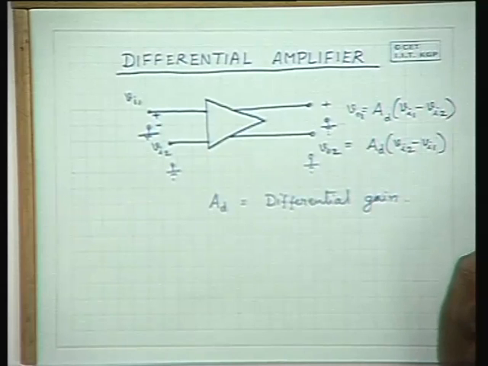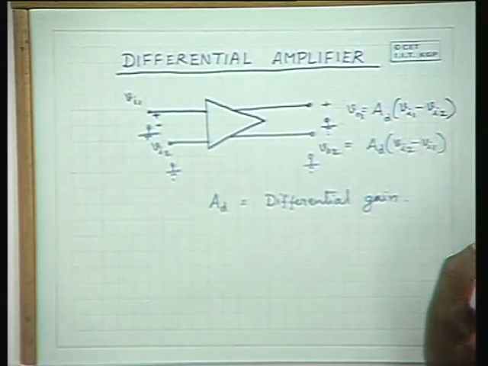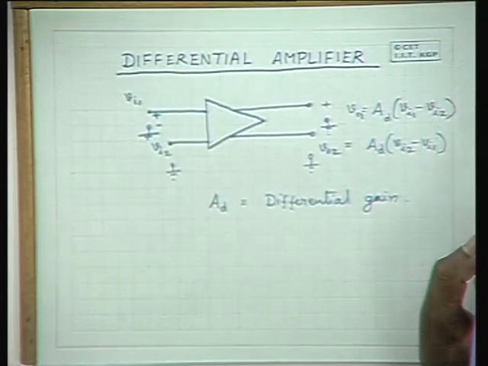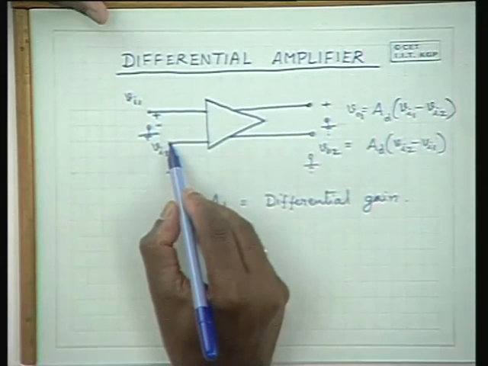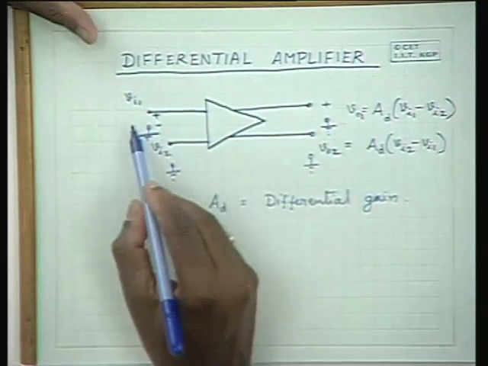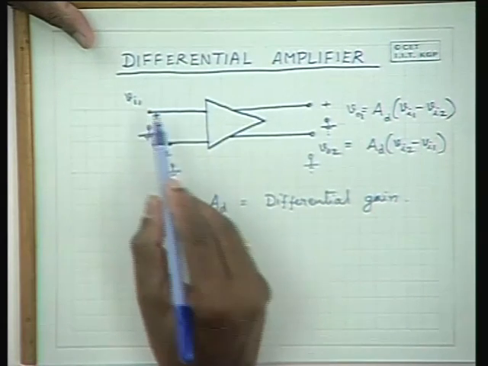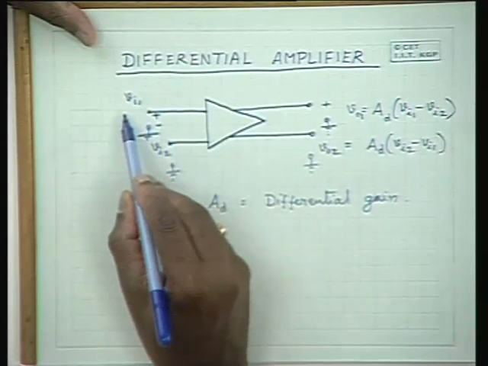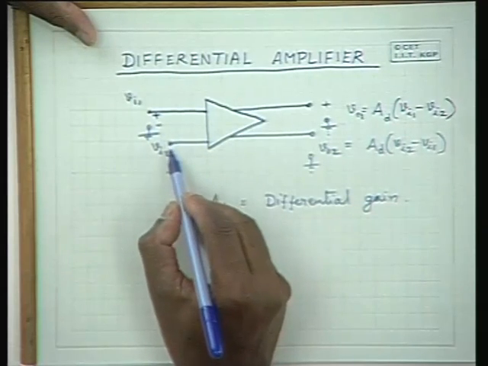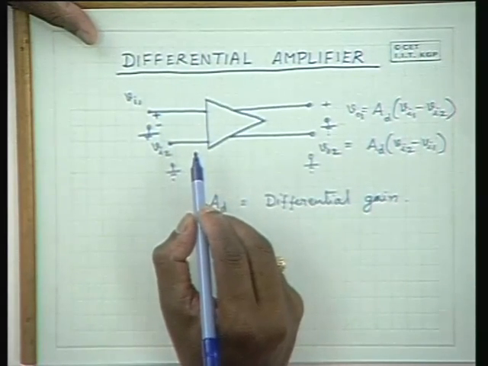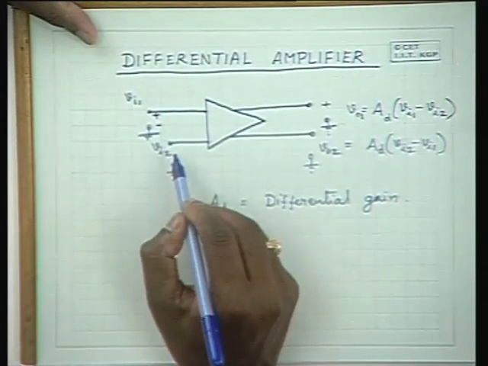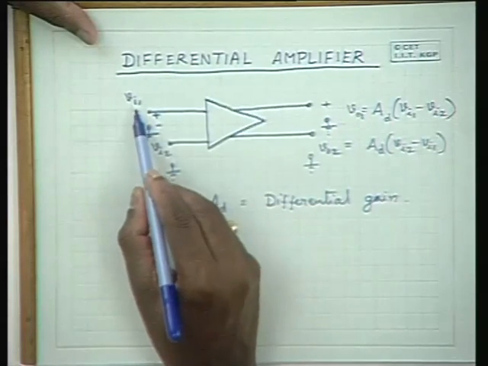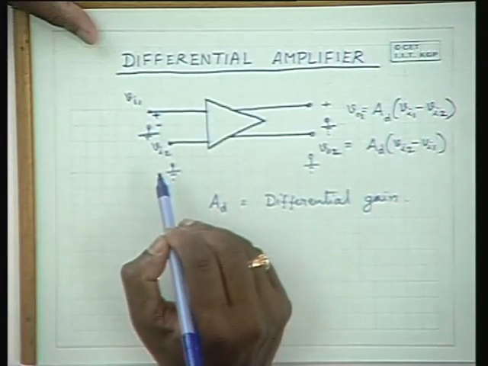A differential amplifier can be used as a single-ended system or a double-ended system. That means you can ground one of the terminals and apply an input to the other. Say to terminal 1 we apply the signal and then we connect terminal 2 to the ground. Then the voltage at terminal 2 is 0 and the difference signal is naturally Vi1 minus 0, equal to Vi1.